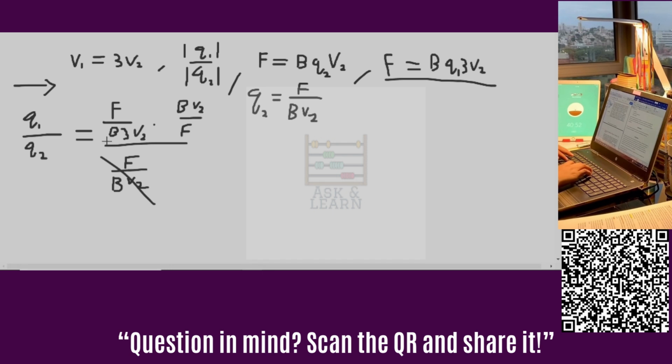So now we can cancel that B with that B, this F with this F, and this V2 with that V2. And all we're left with is this 3, but it's in the denominator here. So this is 1 over 3, which is our ratio. So the ratio of charge 1 to charge 2 is 1/3. And there you have it.